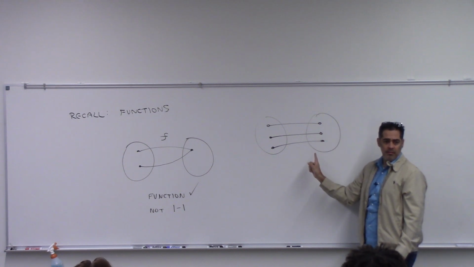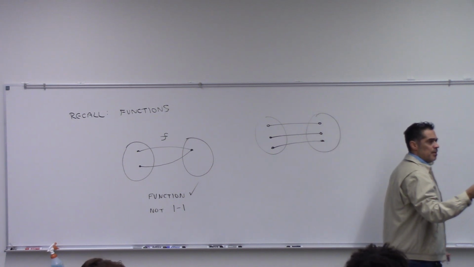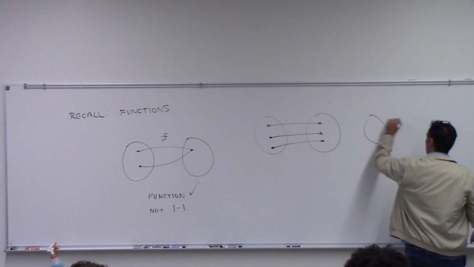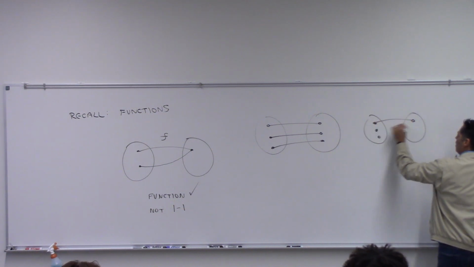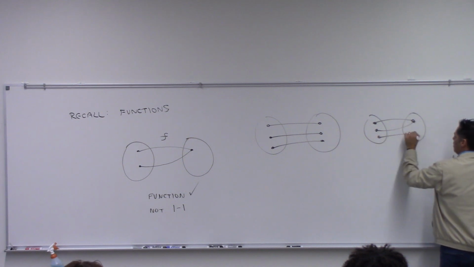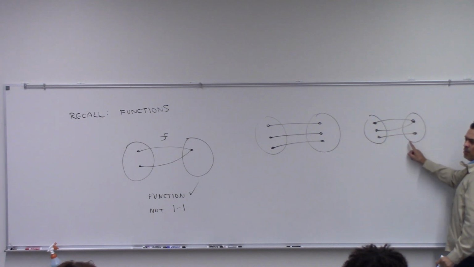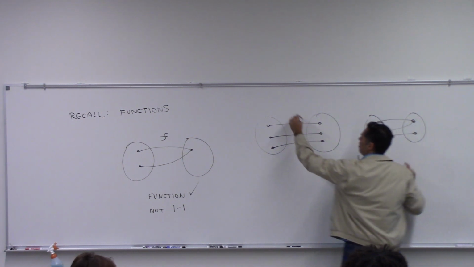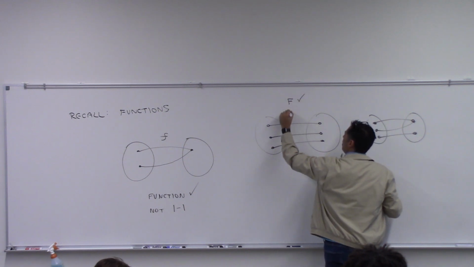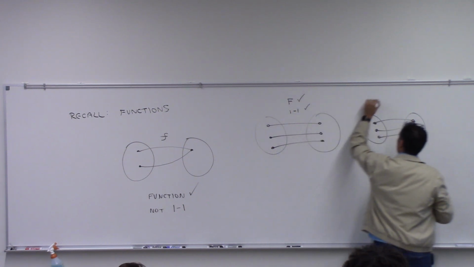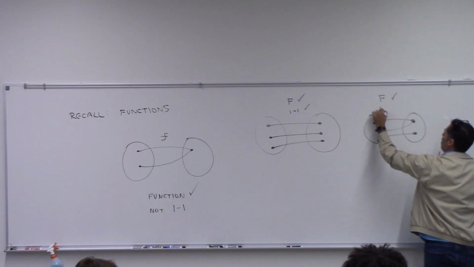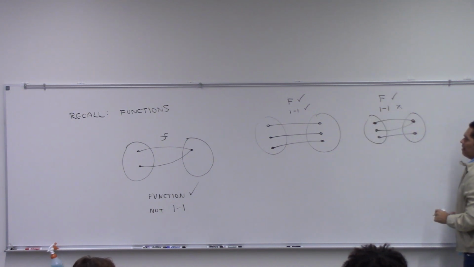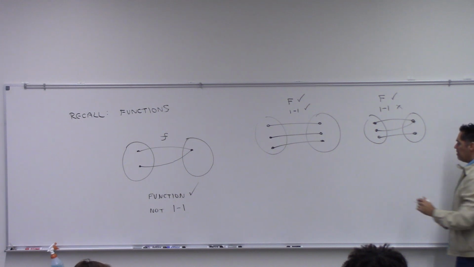That's one-to-one. The next example is like the one I just drew over there. You have this goes here, this goes here, this goes somewhere else. This would not be one-to-one. So the first is function yes, one-to-one yes. Is this a function? Yes. One-to-one, no.